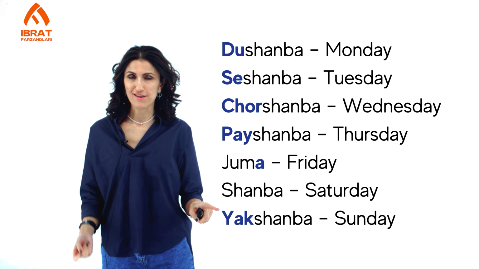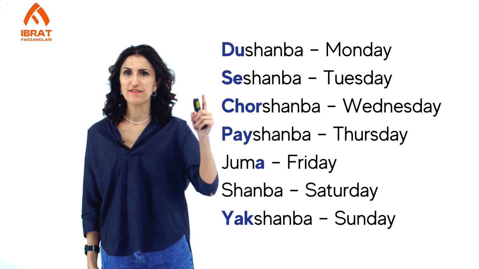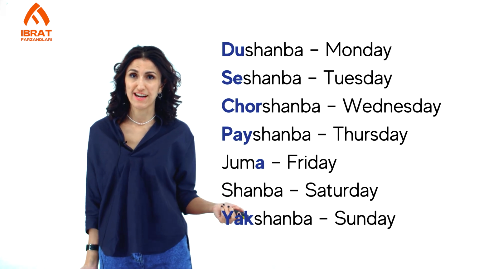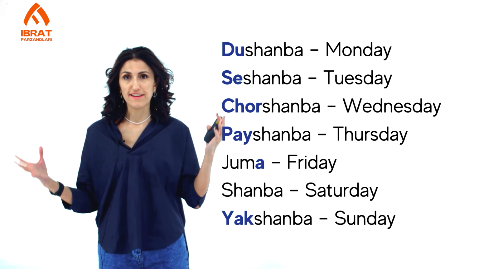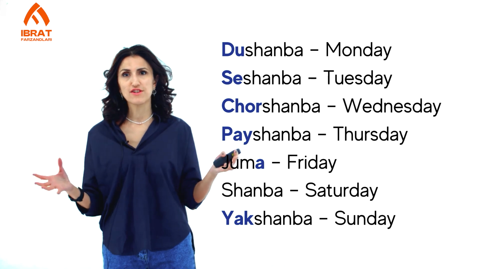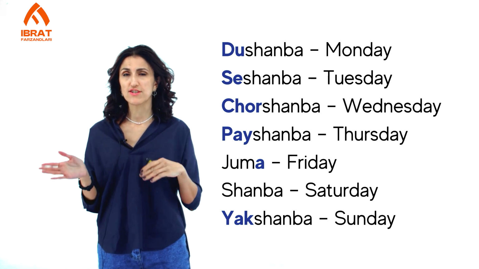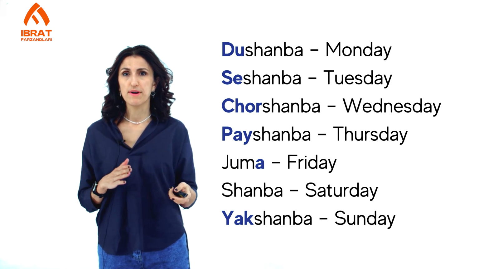Take the Saturday word and add it to the Tajik counting from 1 to 5. Of course, if you think that way, you may be confused. So just learn Dushanba, Seshanba, Chorshanba, Payshanba, Juma, Shanba, Yakshanba.